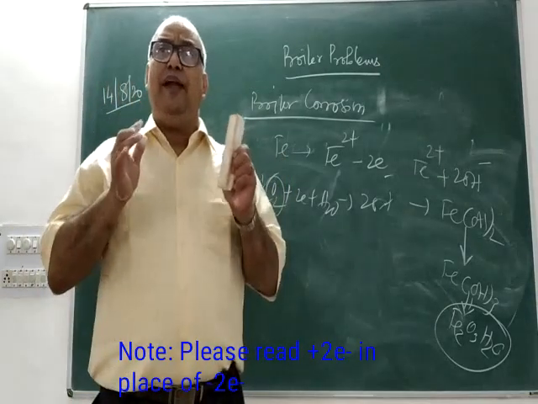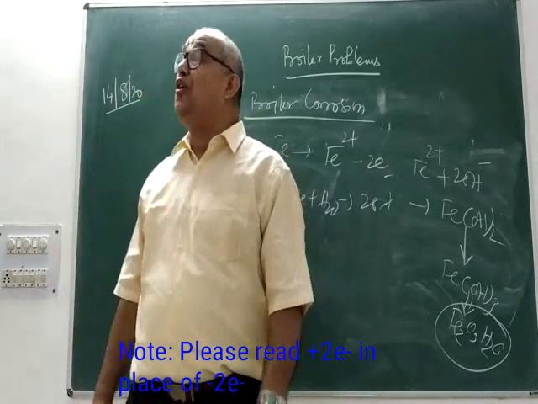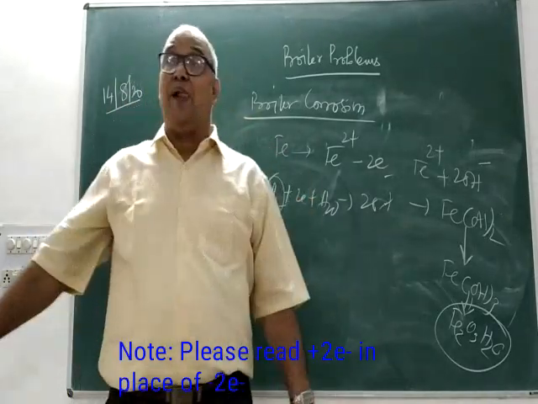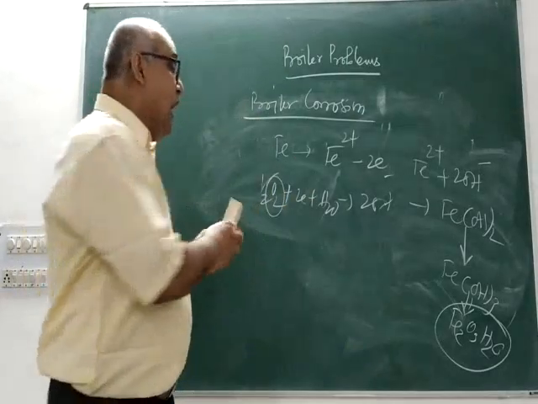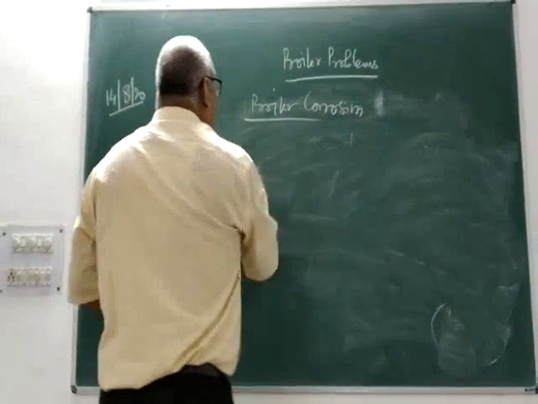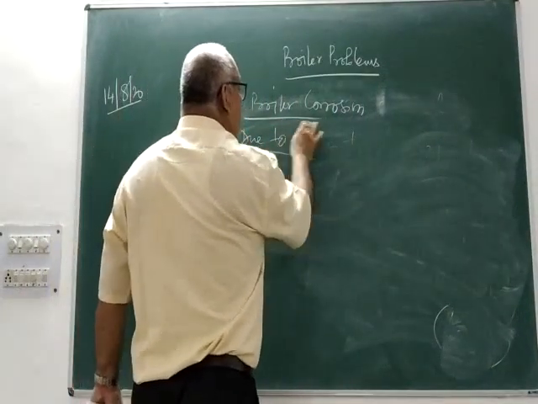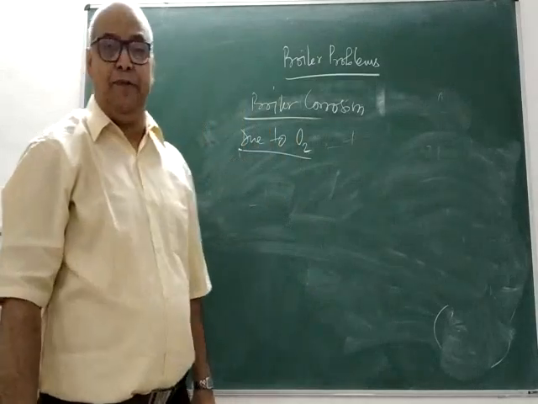If dissolved oxygen in water can be controlled, automatically this kind of corrosion can be controlled. How can we do that? As we know, oxygen is an oxidizing agent.